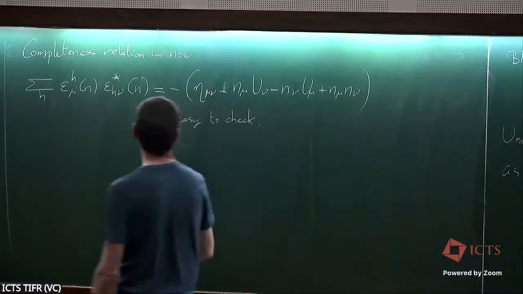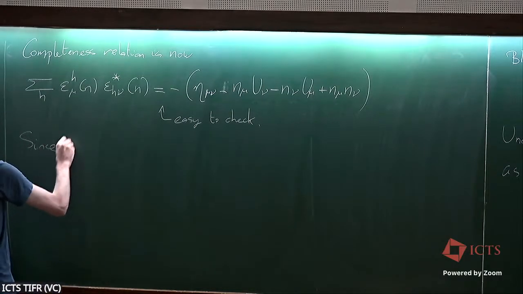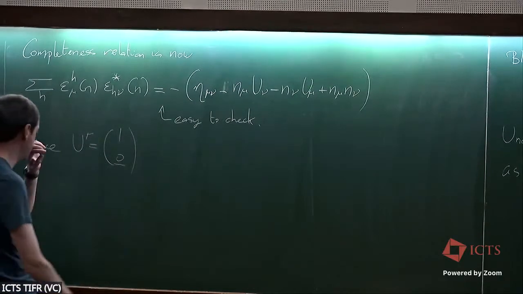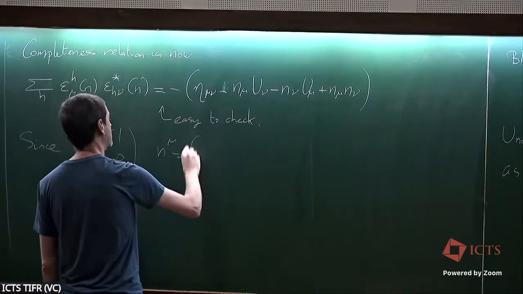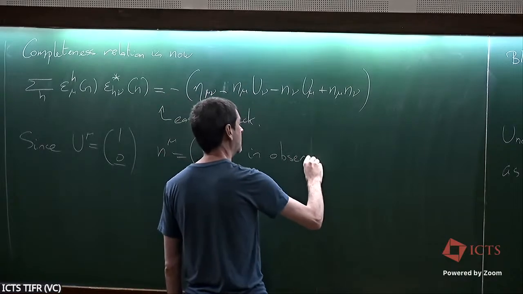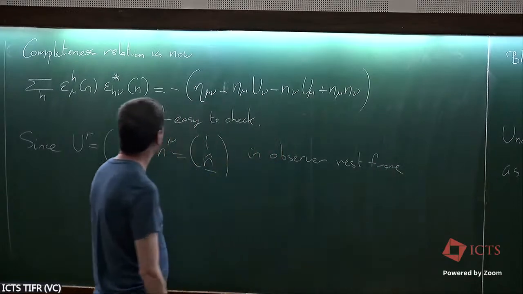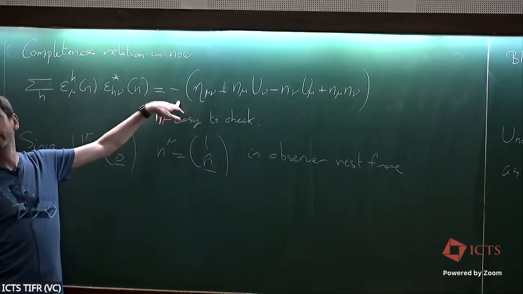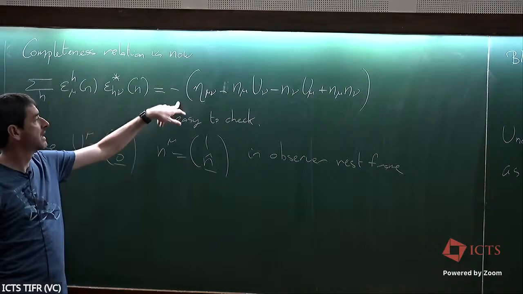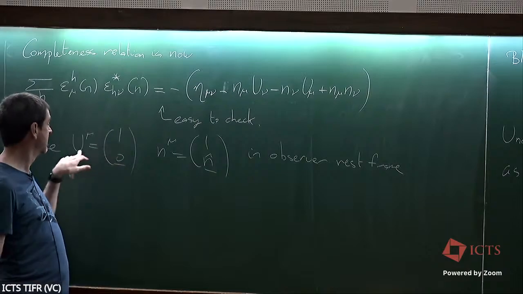Now, this projector actually has a nice physical meaning. In the observer rest frame, u^mu takes this form, and n^mu takes this form. Then any vector which has some component in the time direction gets projected away, because I can write the time component as some amount of u.